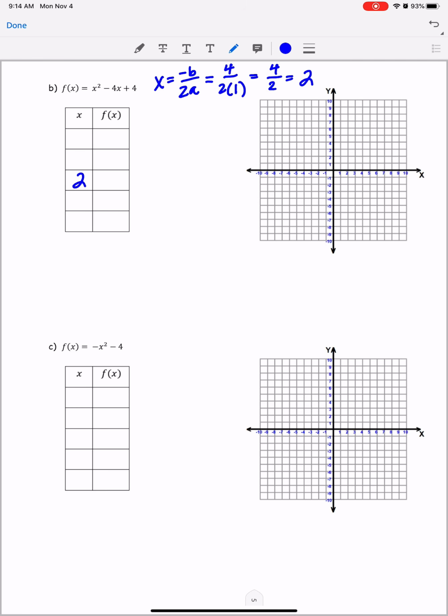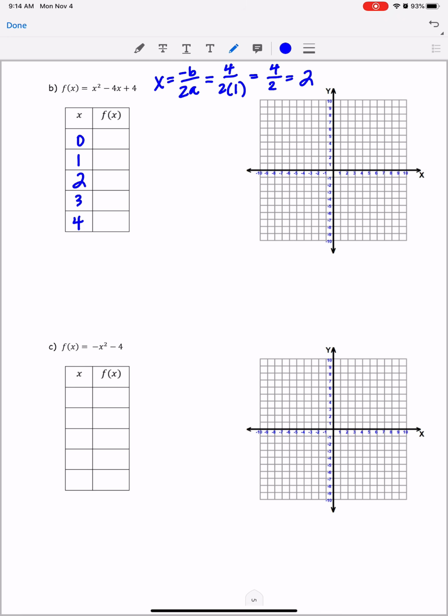So now I need to go 2 up and 2 down, and it does not matter the direction we go. So you can either go 3, 4, and then 1, 0, or 1, 0, 3, 4. It does not matter.